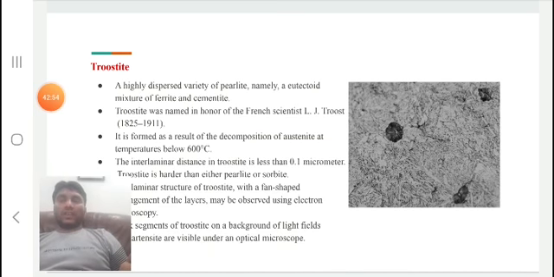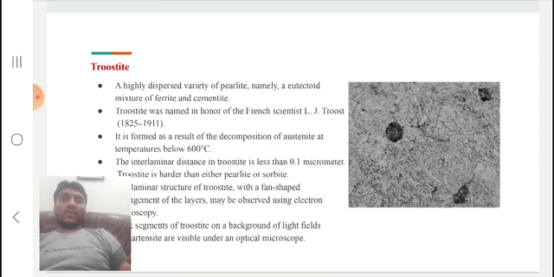So it is not advisable to have retained austenite, because obviously there will be variation in the mechanical properties throughout the structure. So to avoid this, retained austenite should be converted into perlite, or fine perlite, or coarse perlite, or sorbite, or trustite.